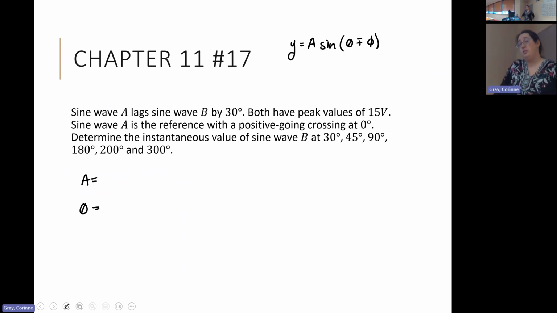So what should my amplitude value be? 15 volts, so we have a voltage source here. And what should theta be?